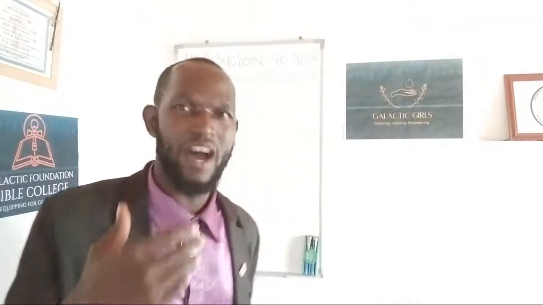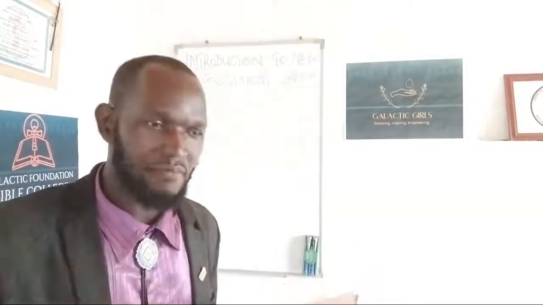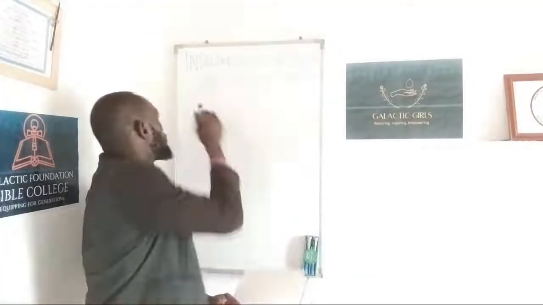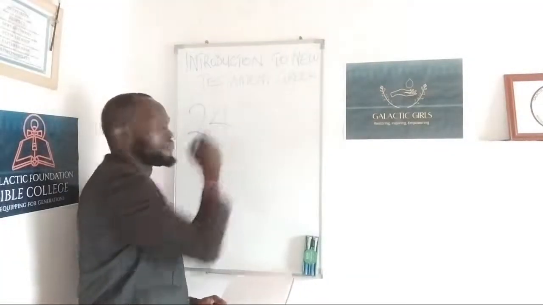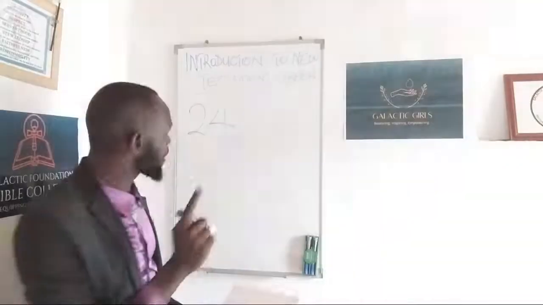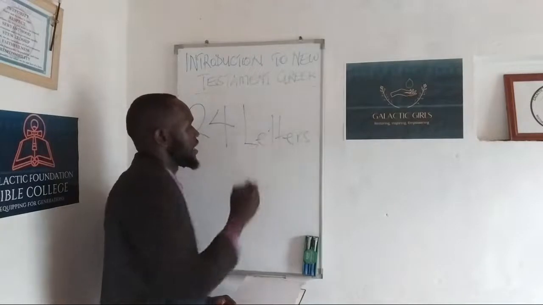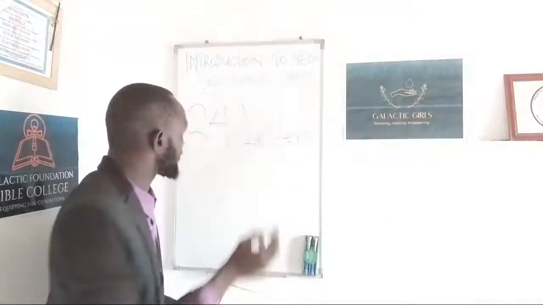By the time we introduce the phonemes, the morphemes, and the structuring of the lexical stem, you will already know what letters are put together to bring about a word. So, there are 24 letters in the Greek alphabetical system.